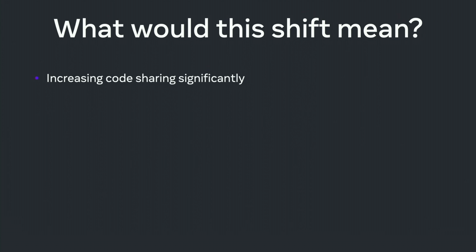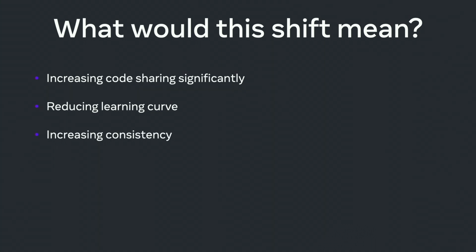But aligning with the web will also further increase skill transferability between React and React Native. It's already pretty good, but still for someone coming from web who's brand new to React Native, they have to learn a lot. So what we're hoping is a reduced learning curve for those folks. And for people who frequently move between React and React Native development, we hope to see increased development experience consistency.